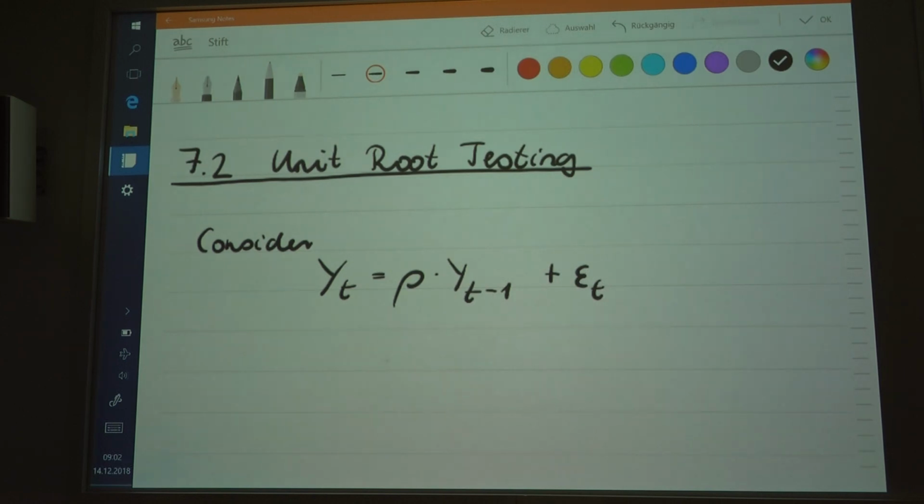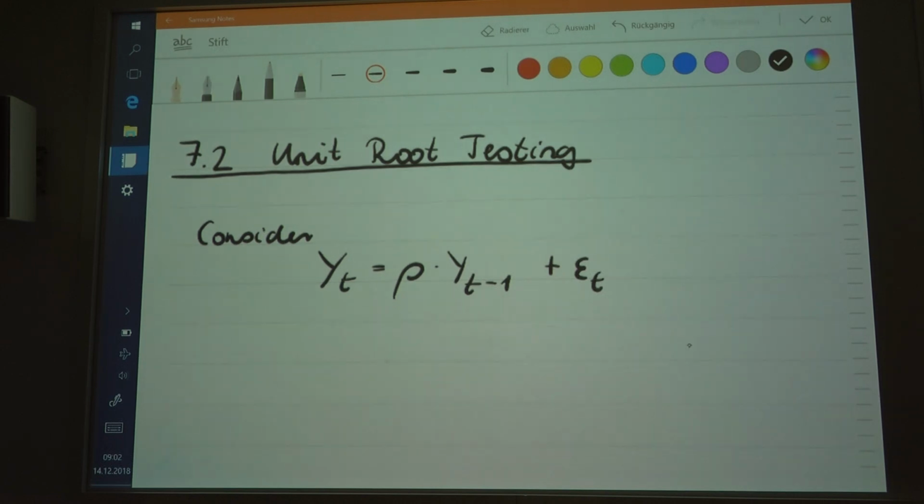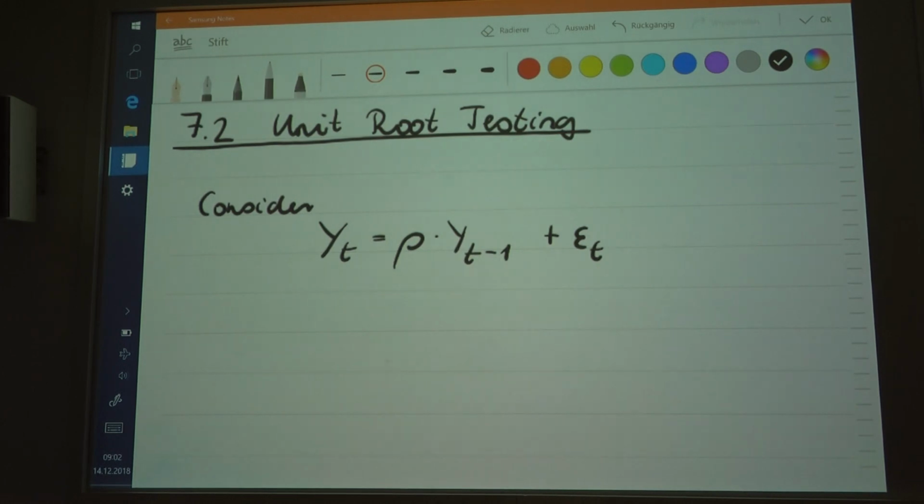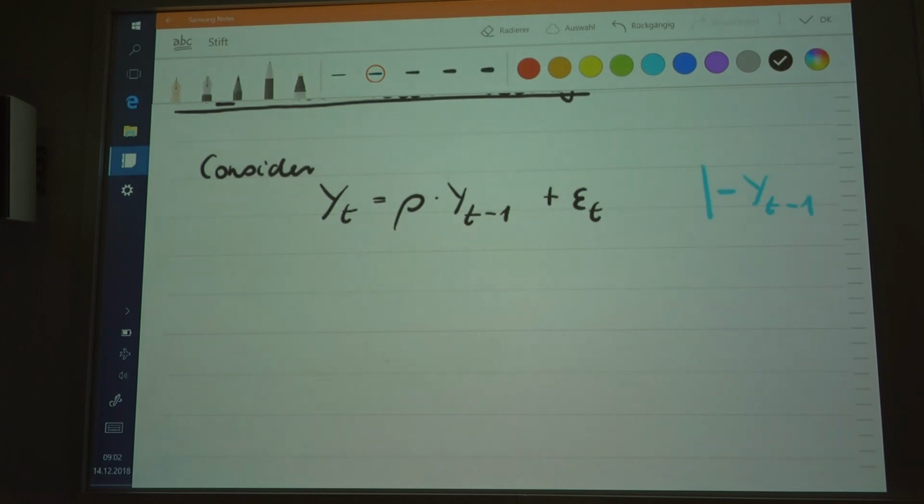Now, an alternative representation is, if you subtract yt minus 1 on both sides of the equation, then this is going to be an equivalent representation.